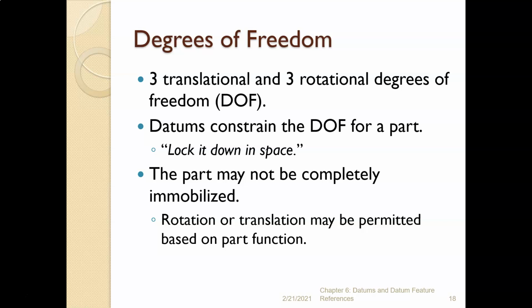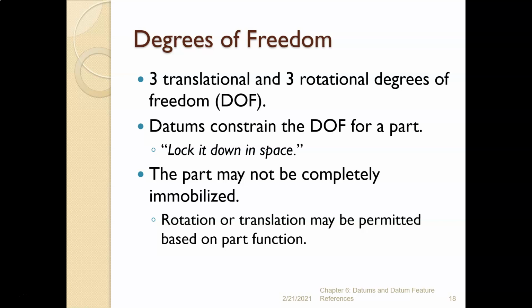If you take an object, maybe a phone, in your hand, you can move it in three directions. You can move it to the left and to the right. That's one direction. You can move it up and down. That's two directions. And you can move it away from you and towards you. That's three directions. Those are our three translational directions.